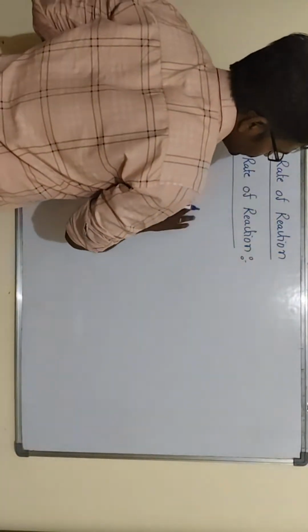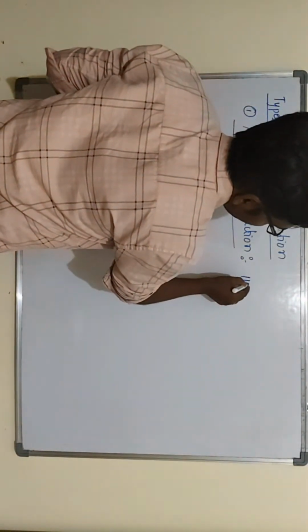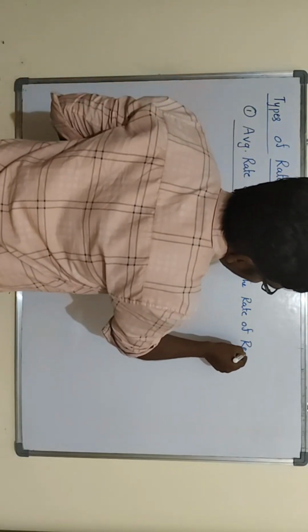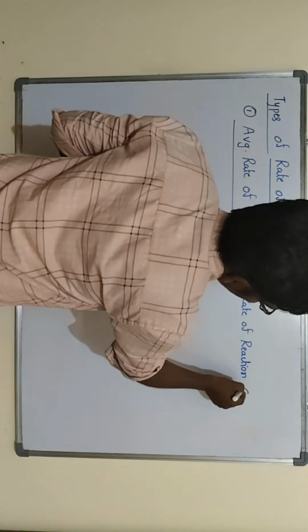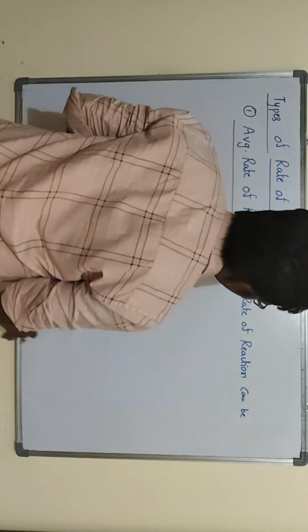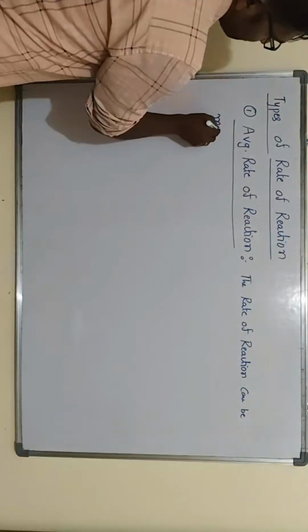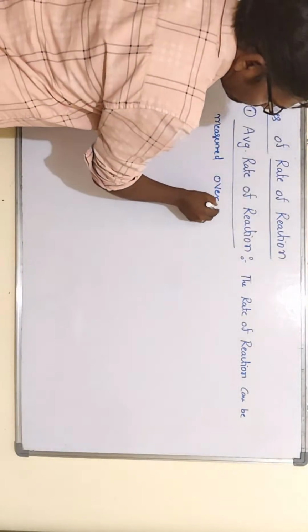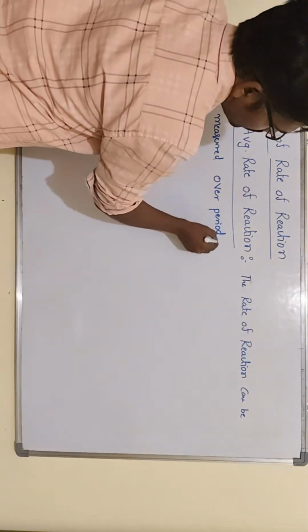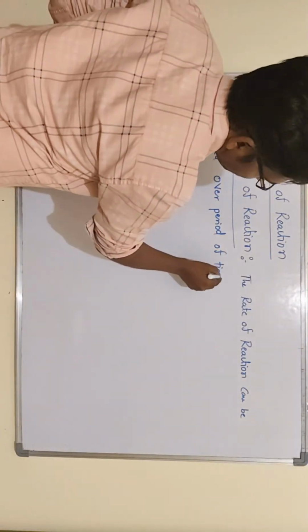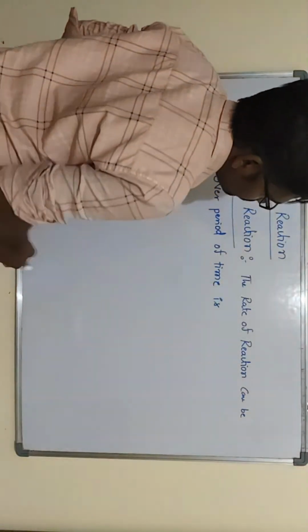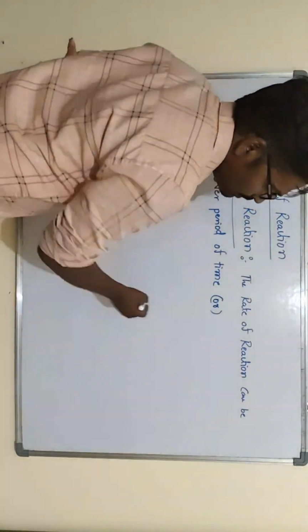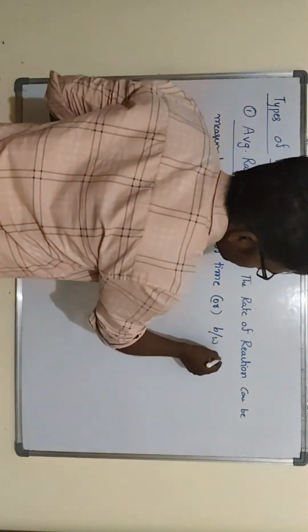So average rate of reaction is nothing but the rate of reaction measured over a period of time, or between two time intervals.